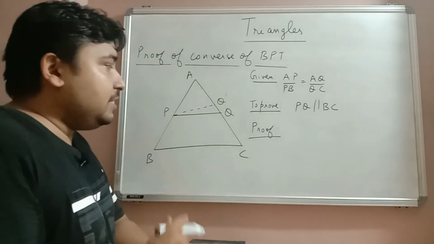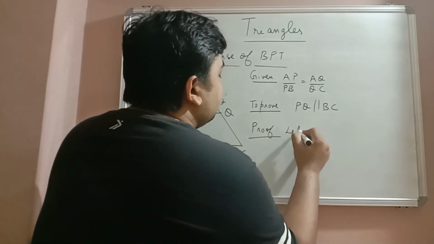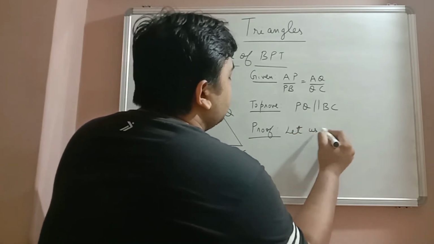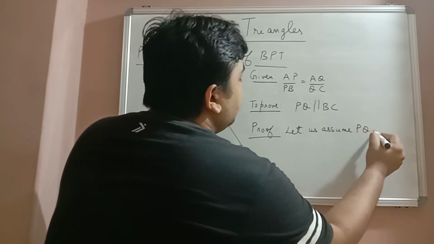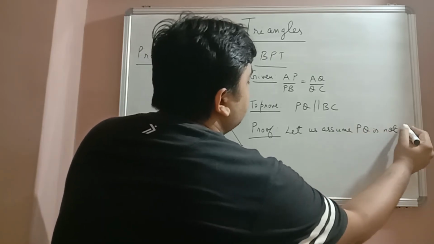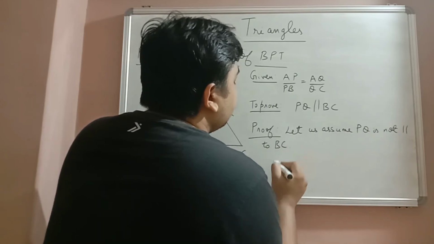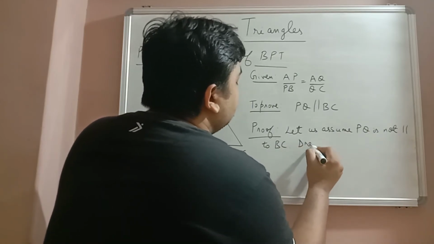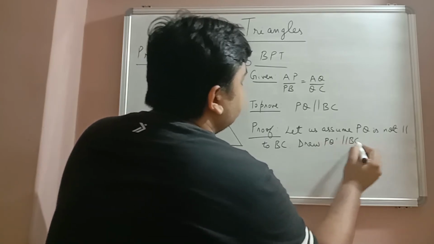Now let us first assume that PQ is not parallel to BC, and draw PQ dash parallel to BC.